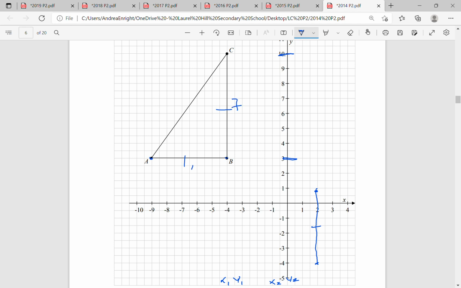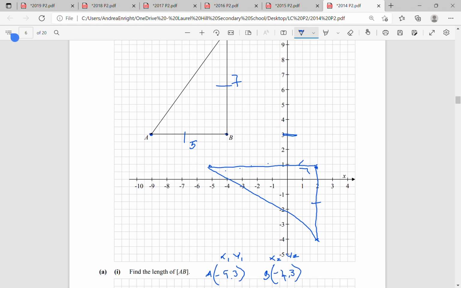We know this one is 5 because we measured it already. So you want to go 7 units this way: 1, 2, 3, 4, 5, 6, 7. I think if we went to -5, it would be 7 units, and there's my right angle. Then you just join it up, and that's your congruent triangle there.